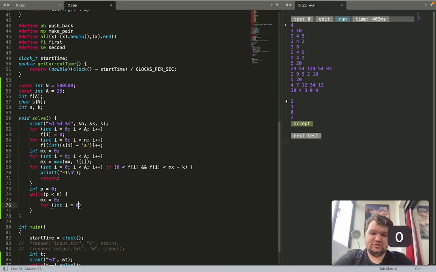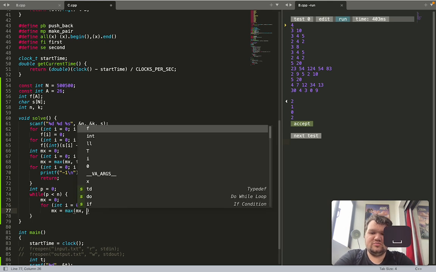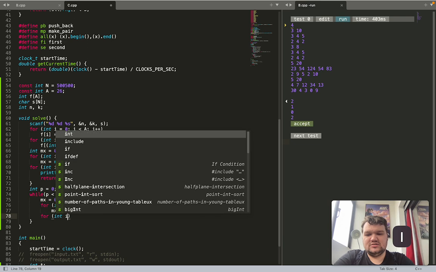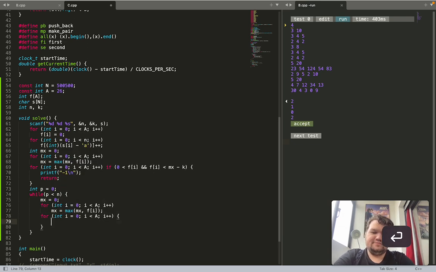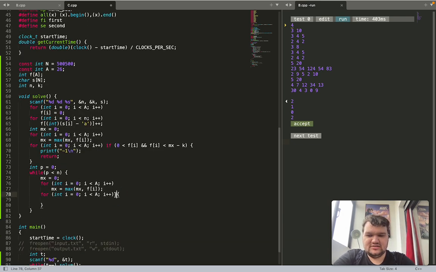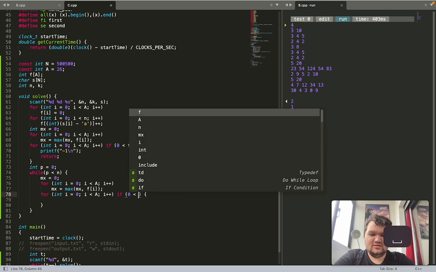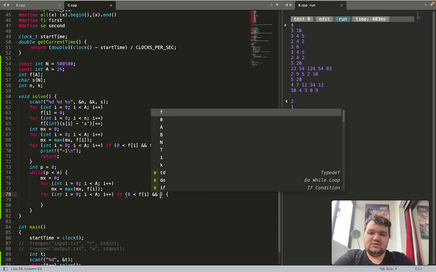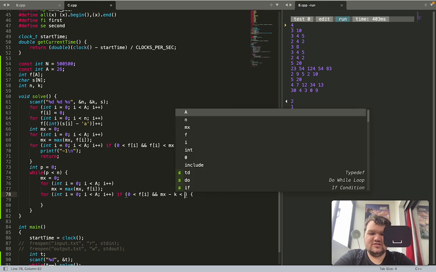So on each iteration, we again calculate the maximum, which could have changed, and then we find the smallest character that we still have copies of, and its frequency is strictly greater than maximum minus k.